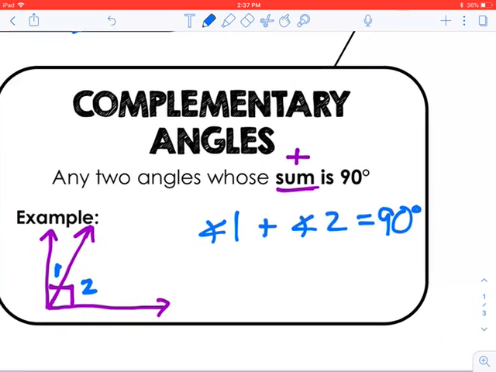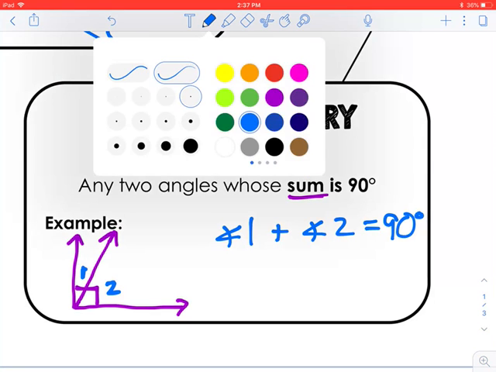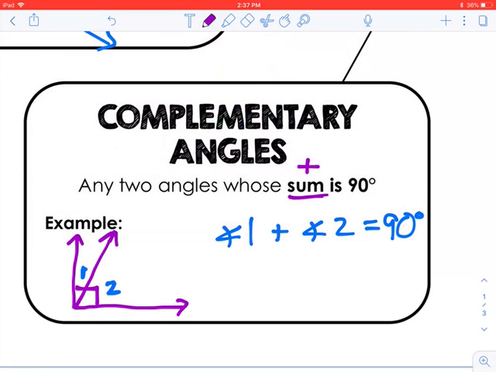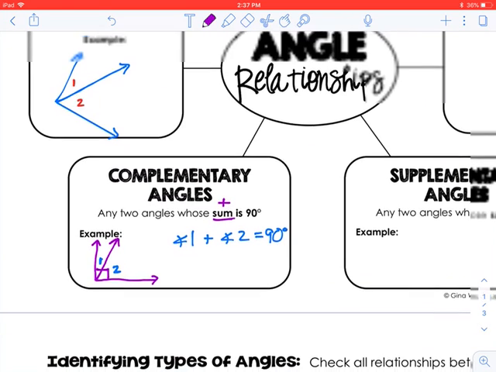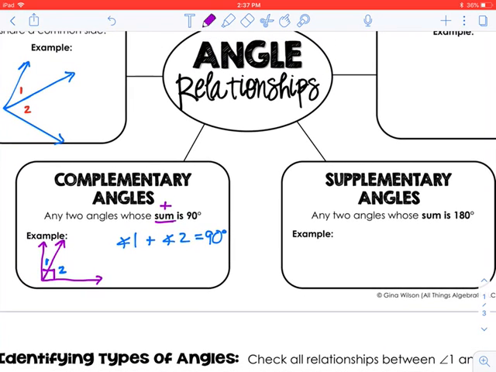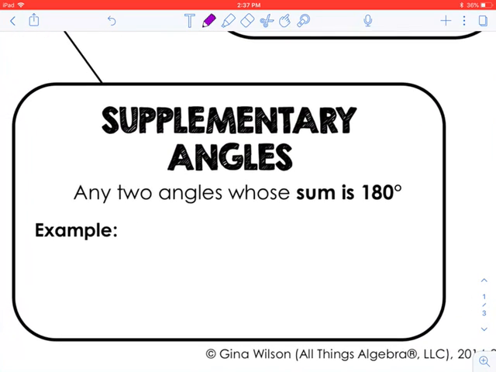Complementary angles. And then on the flip side, the next one is called supplementary. So the way you can see the difference between these two, this one, complementary, comes before this one, supplementary, in the alphabet. Okay, so complementary is 90, supplementary is 180.